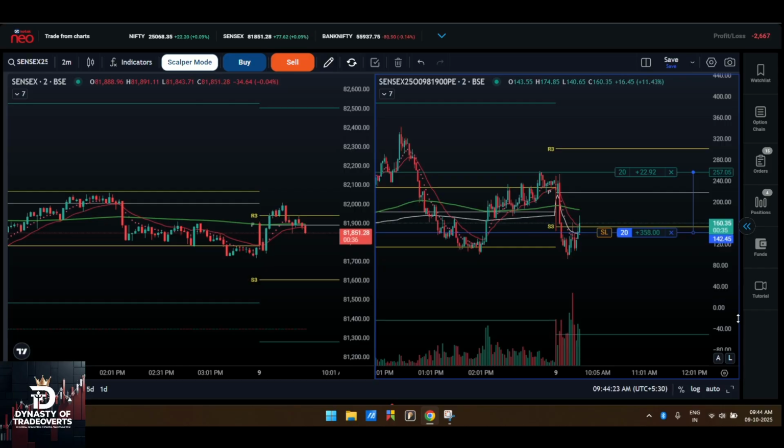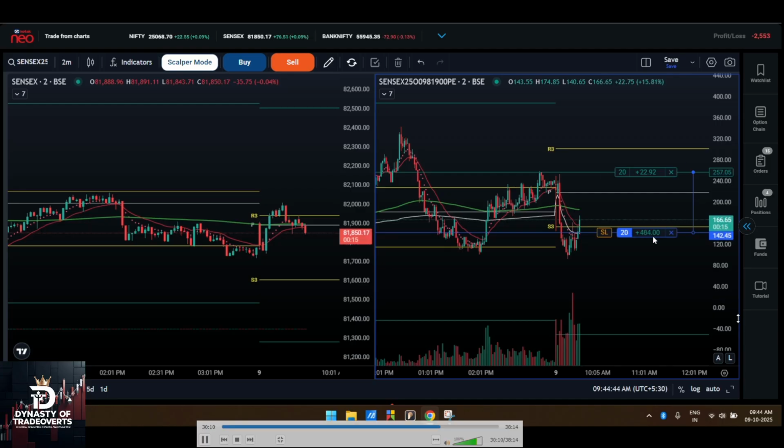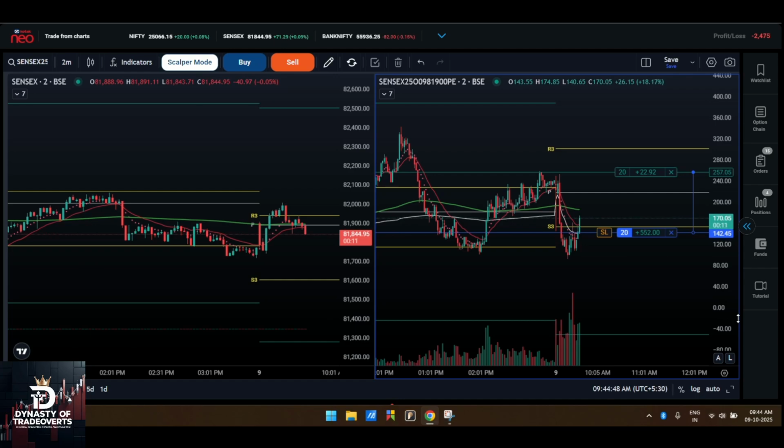And each pullback is really difficult to handle at this stage, unless you are in a planned, properly executed trade. It's a bit easier for you to survive those pullbacks. But in this case, each 1 rupee change in my PNL is hurting me emotionally.